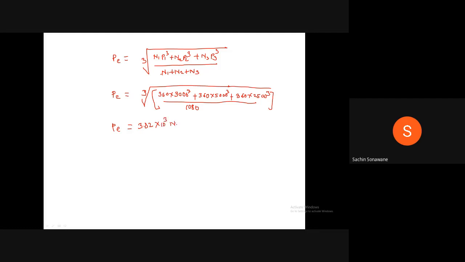Now we will calculate life in million revolutions, L is equal to, what is the formula? 60 N into LH divided by 10 raised to 6, which is equal to 60 into 1080 into 10,000 divided by 10 raised to 6.